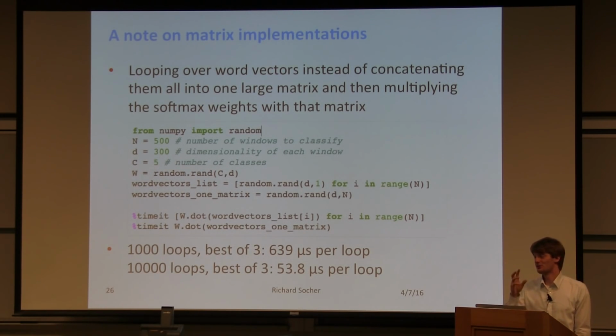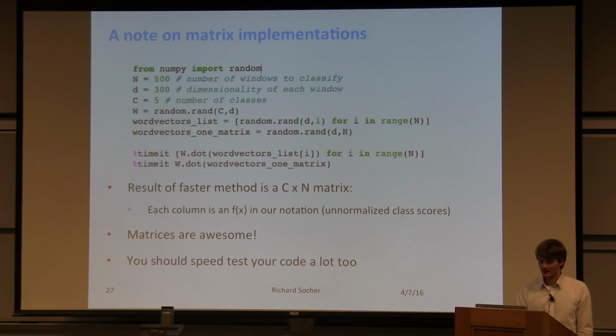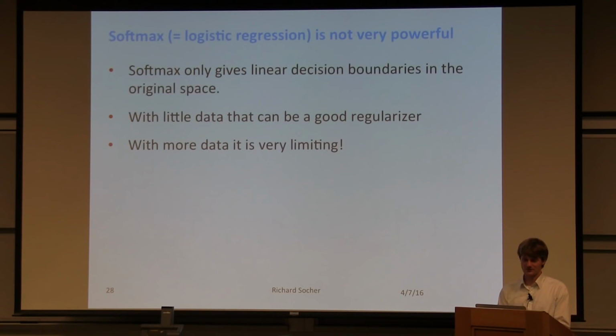Sometimes you think you have two vectorized implementations and you're not quite sure which one is more efficient. Again, there's always a simple way. You just try both and you time it, literally, and then you can know which one was faster. So the speed testing of your code is going to be very useful. Otherwise, you're just going to sit in front of the computer for a long time and keep checking your results.